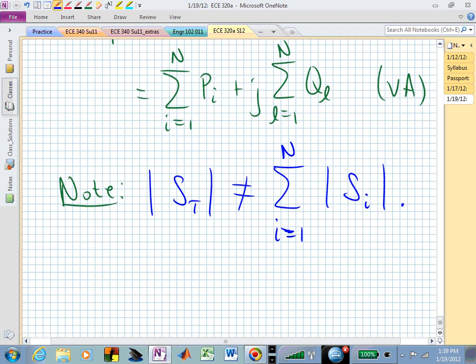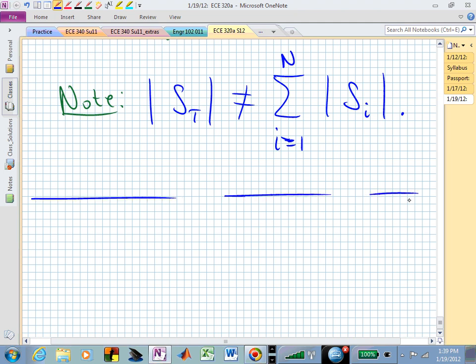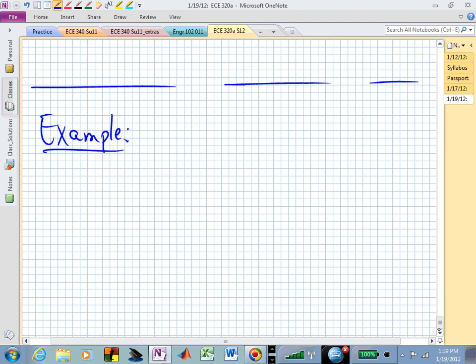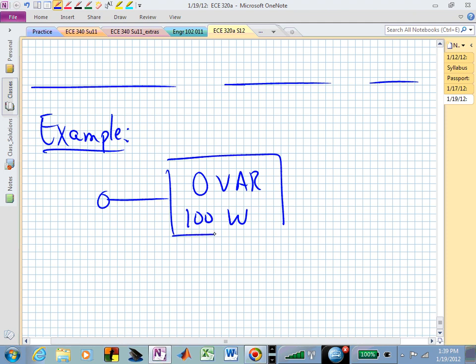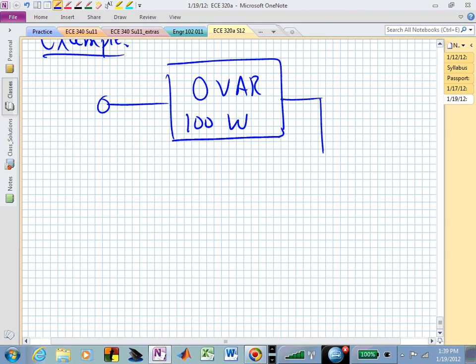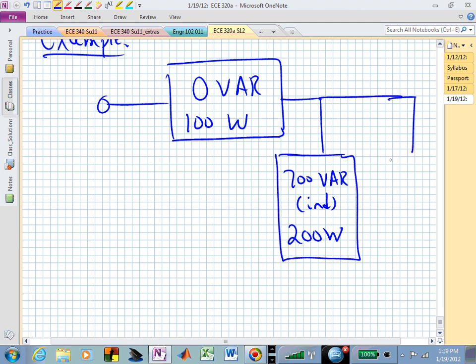Let's look at an example of how we might do that. Suppose I have load 1 with 0 VARs and 100 watts. Load 2, let's say, is 700 VARs, and I'm going to say that's inductive, and this is 200 watts. Do you see how I can just play with the description of these to throw you some curves?